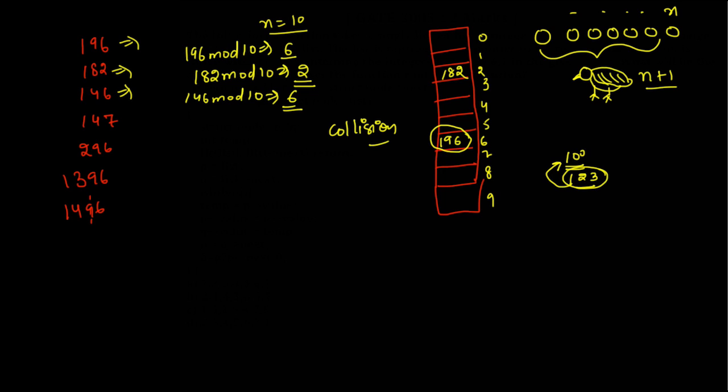So we have different collision resolution techniques. With the help of these techniques, we can resolve these kinds of collisions. Let us see some of them. These are two different types of collision resolution technique. First is direct chaining, and the second one is open addressing.